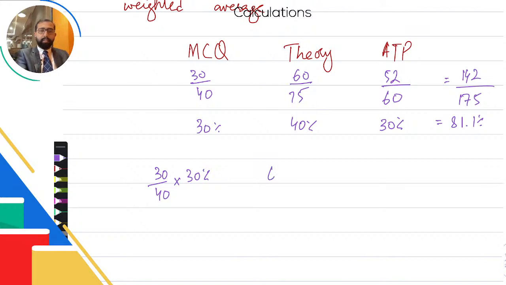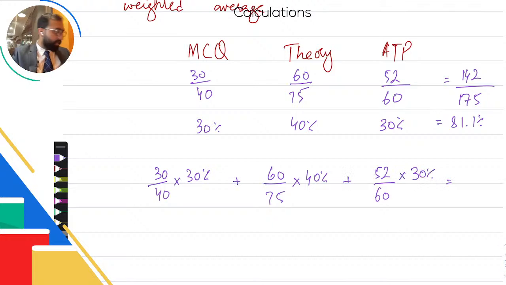Then you take 60 out of 75 of the theory paper, multiply by 40%, and then you take 52 out of 60 of the ATP paper and multiply by 30% again. When you get all of that, you just add it up. Let me get my calculator.